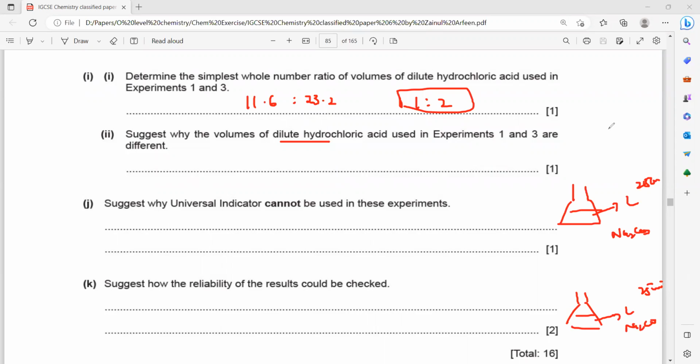But the only difference: in the first experiment we used thymolphthalein, whereas in the third experiment we used methyl orange. So the amount depends on the type of indicator used and the amount of indicator used.